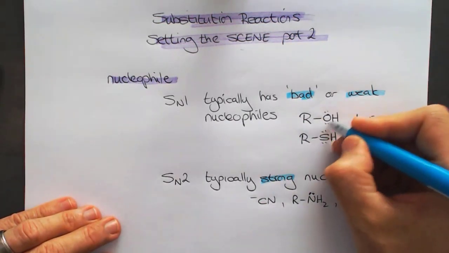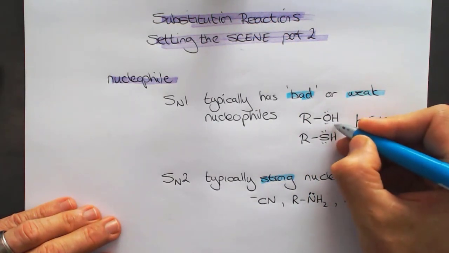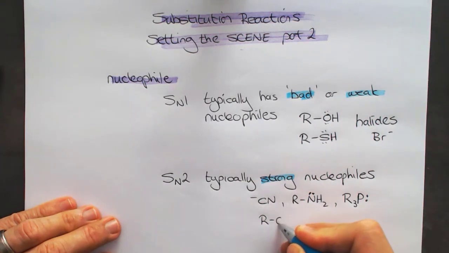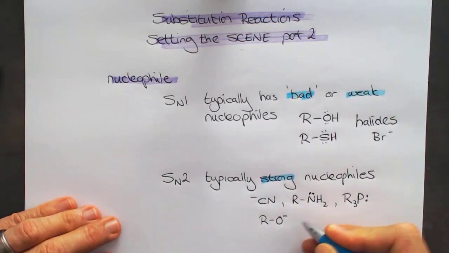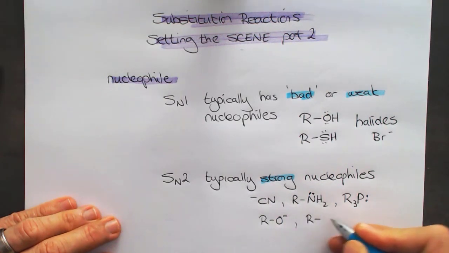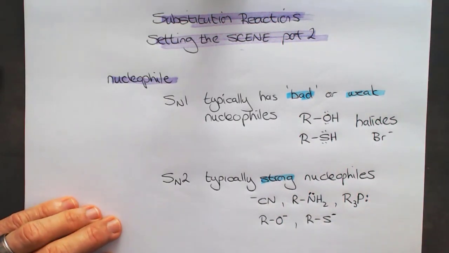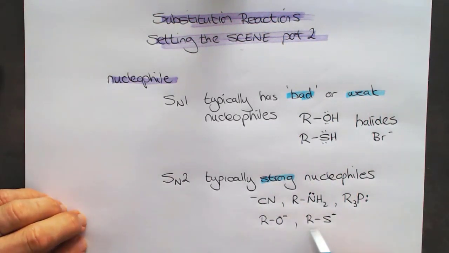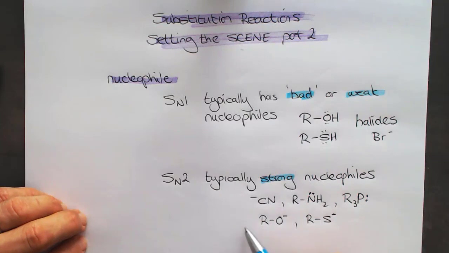However, we can make oxygen and sulfur better by removing that proton. So we get the O minus. Whenever we have something like an O minus, that's quite excellent. That's a strong nucleophile now, and an S minus is also strong. I'm going to add a proviso here. We need to be very careful, particularly when we start going to an O minus like this, because we start moving into the territory of not a nucleophile but a base, and that's going to become important a bit later on.